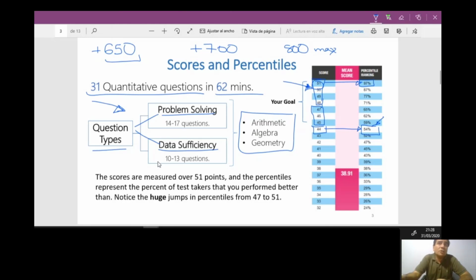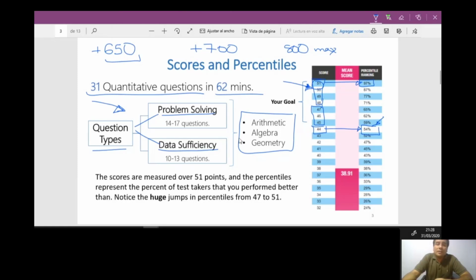Unless you grasp the logic of data sufficiency problems correctly, you will have trouble answering even the easiest math questions. So we will talk about this in depth as of today, actually in the following minutes.